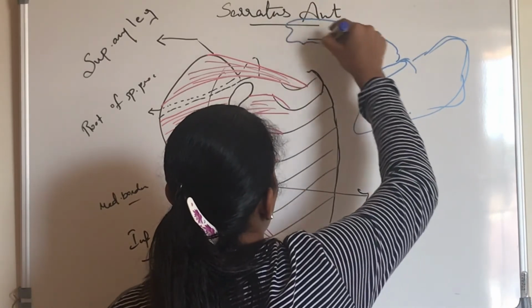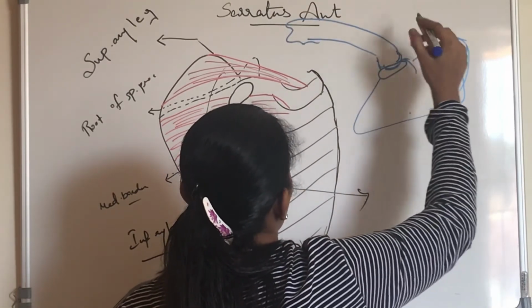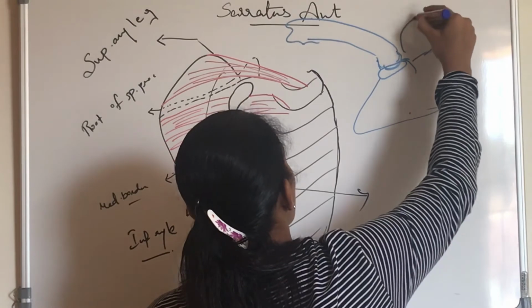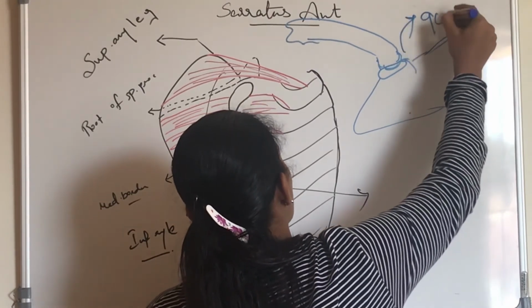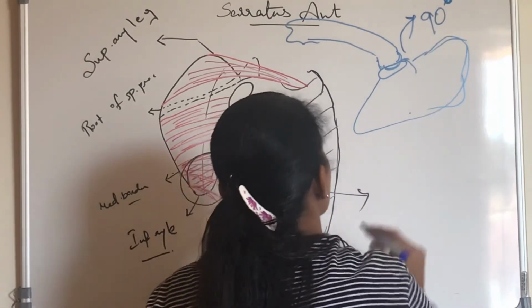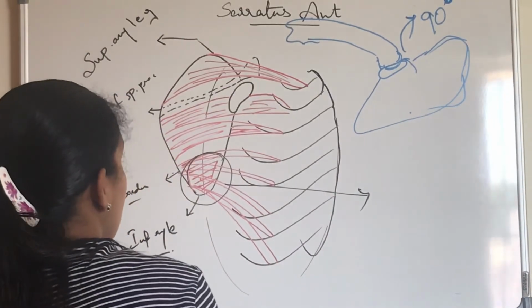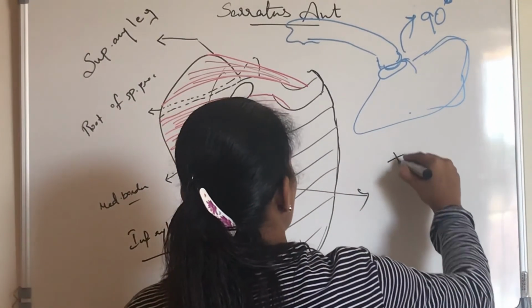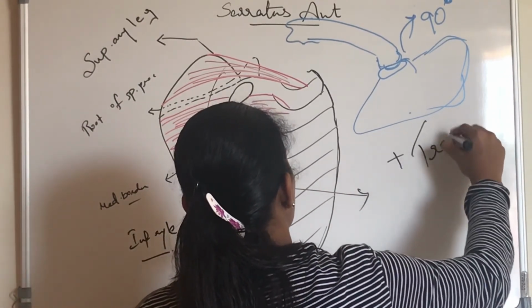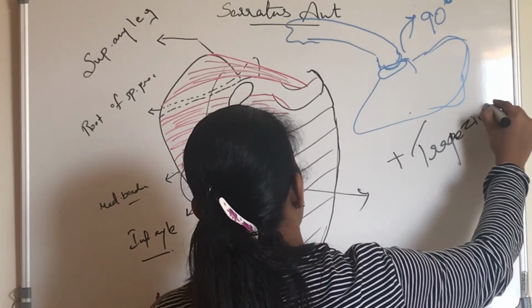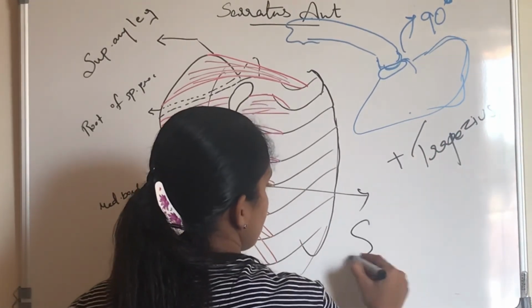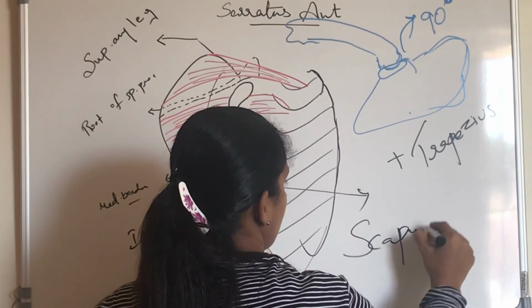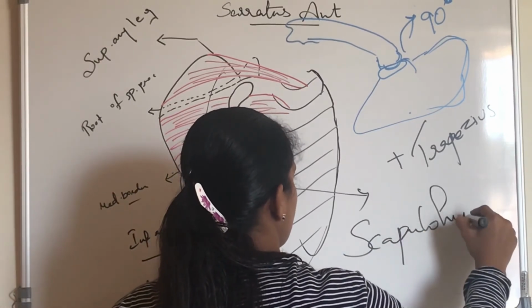So the abduction of the shoulder joint beyond 90 degree is mainly by the serratus anterior with the help of one more muscle called trapezius. So abduction of shoulder joint above 90 degree is by trapezius and serratus anterior.